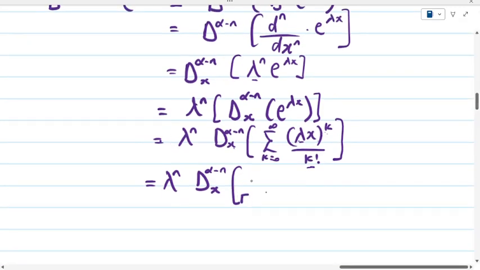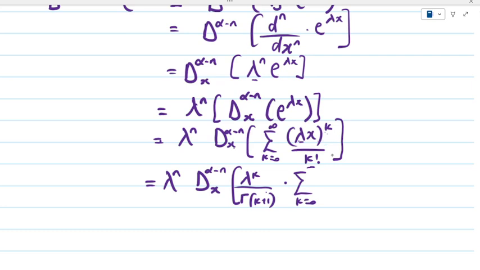So we have lambda k over gamma k plus 1, then the summation, and we have only x raised to power k left, from k equals 0 to infinity.